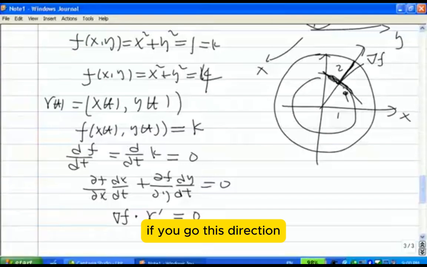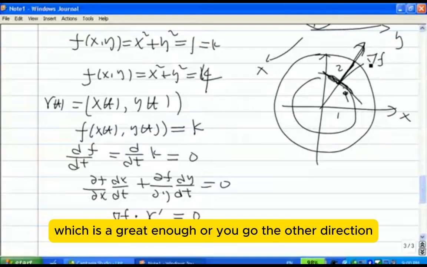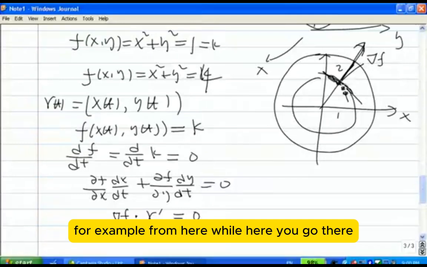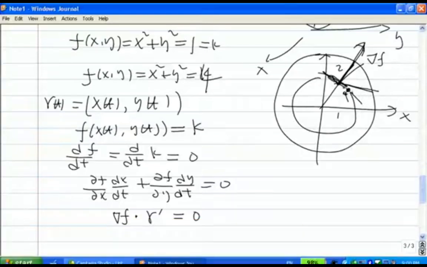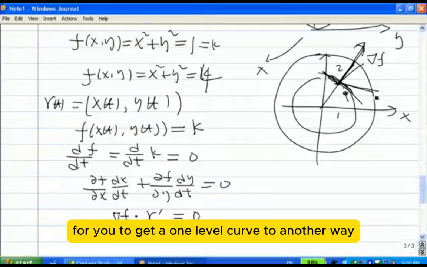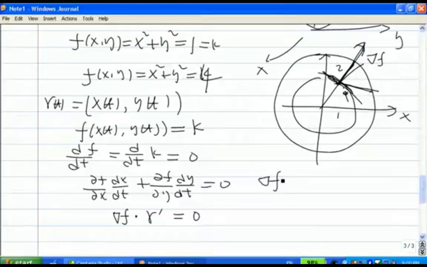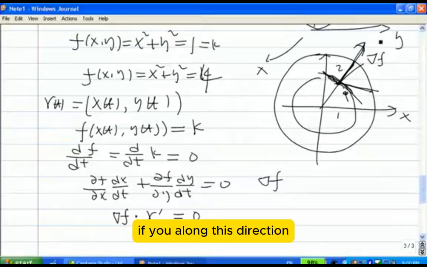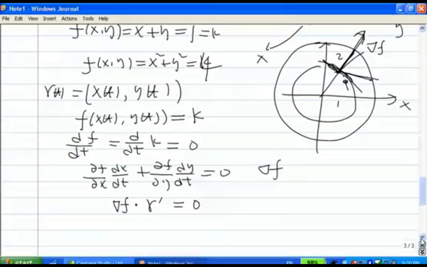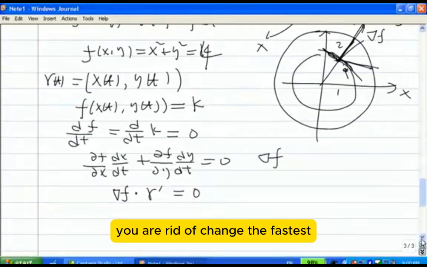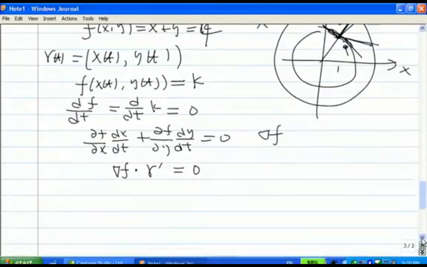If you go in this direction, which is gradient f, it is shortest. If you go in another direction, it could take much longer to get from one level curve to another. So that's why if you go along the gradient f direction, your rate of change is the fastest.